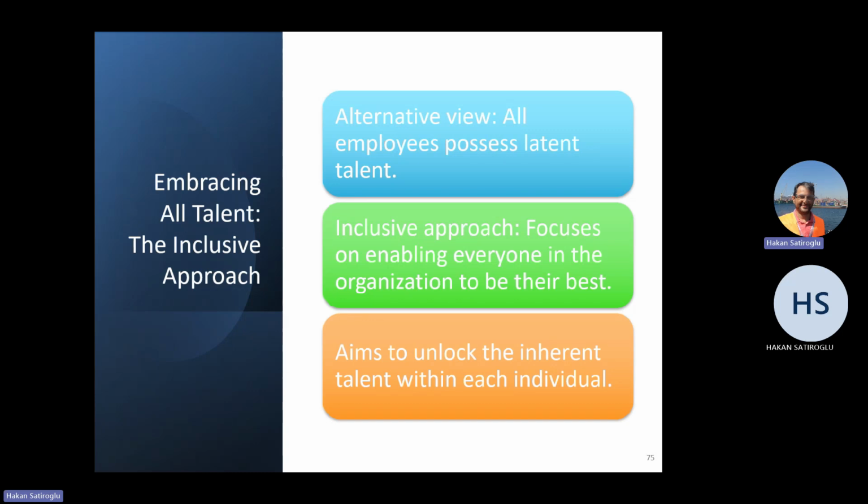This is the problem. However, an inclusive approach is a really powerful shift in mindset. Instead of searching for a few stars or top stars in the organization, we recognize that every individual holds untapped potential.